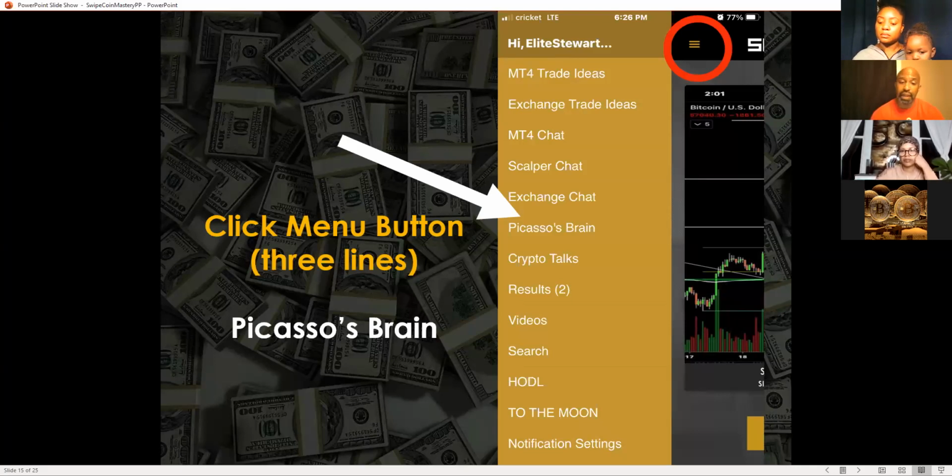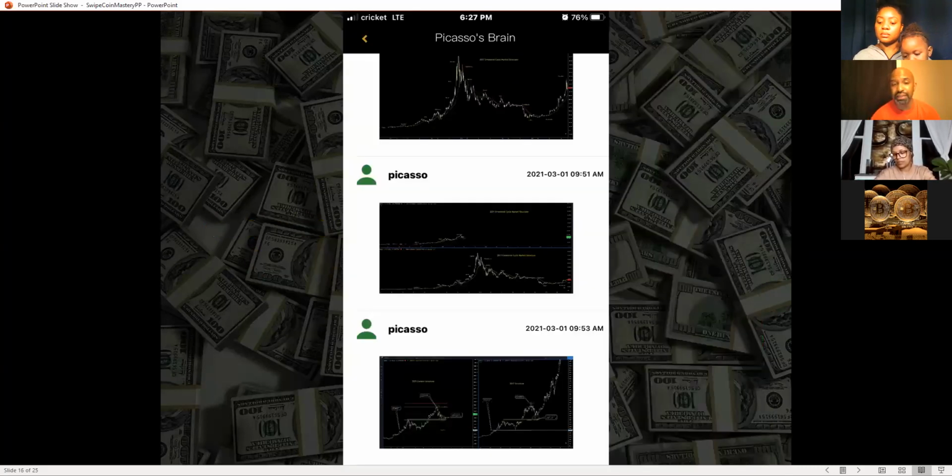The next tab is going to be Picasso's Brain. This tab gives you an overall overview of what Picasso sees in the market. Crypto Picasso is the master educator that deals primarily with Bitcoin. My favorite educator on Bitcoin trading.